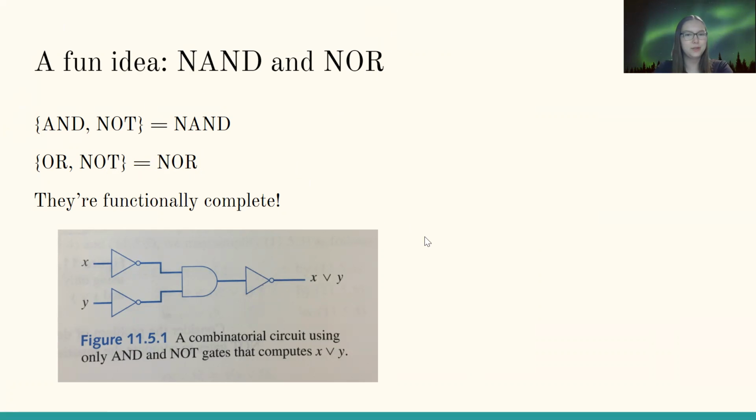And I thought the proof idea was really cool as well. So I included a little snippet of this. The proof makes its argument by showing how we can replace the gate we're not using with the ones we are. So for example, this is a combinatorial circuit using AND and NOT gates that's logically equivalent to an OR gate.